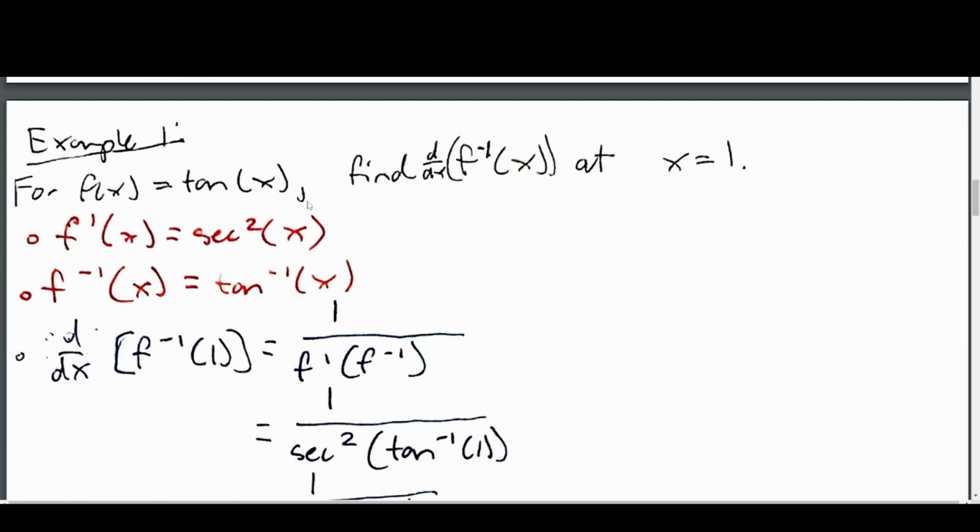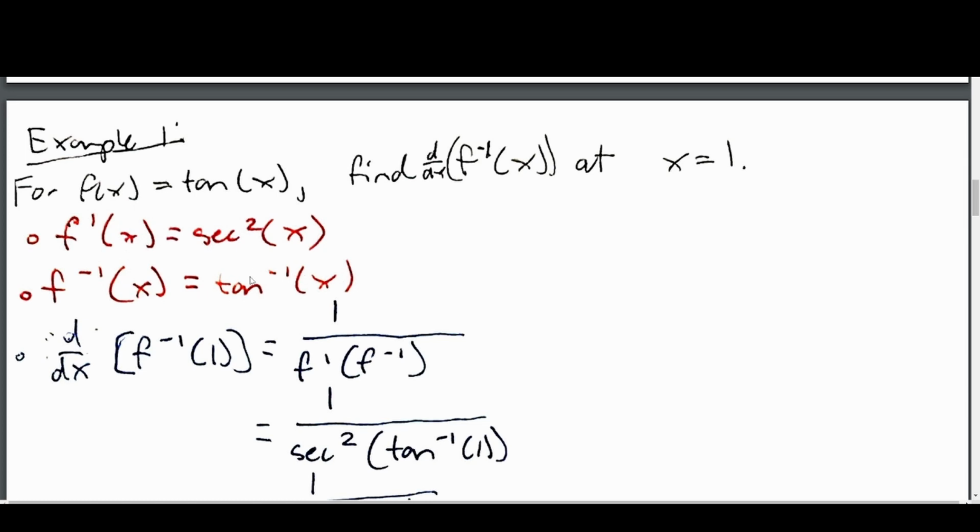Using prior knowledge, we know that f prime of x is equal to secant squared of x, and f inverse of x is actually equal to arctan of x.